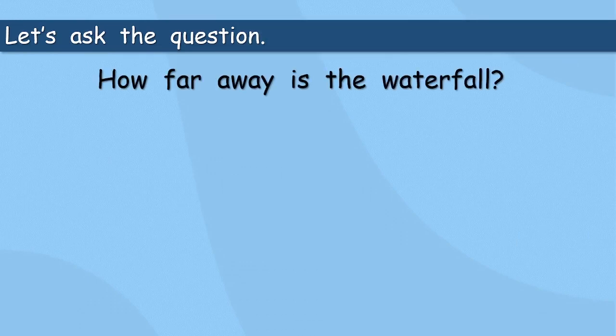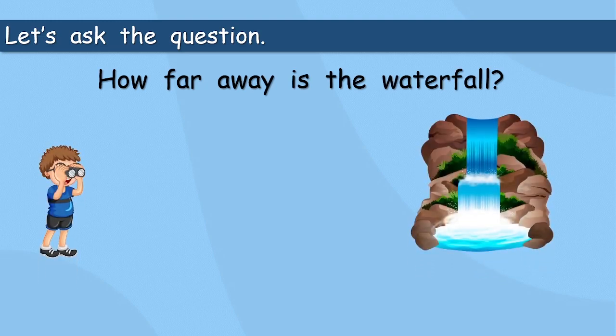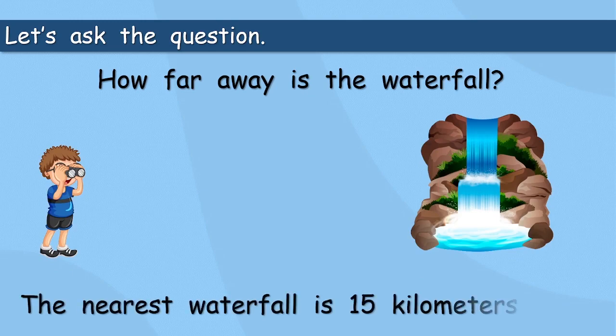How far away is the waterfall? That's quite a long way, isn't it? The nearest waterfall is 15 kilometers away. So we've used an important word there, haven't we? Nearest. Maybe there are many, many waterfalls near you, but which one is the nearest?